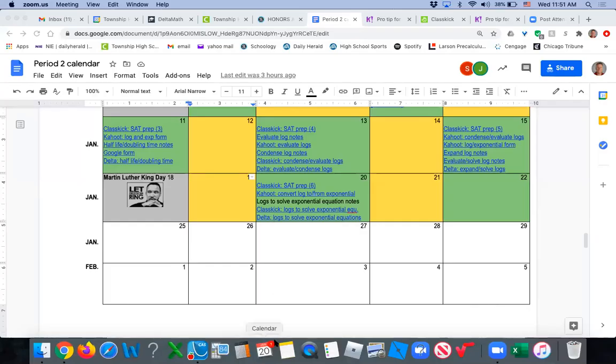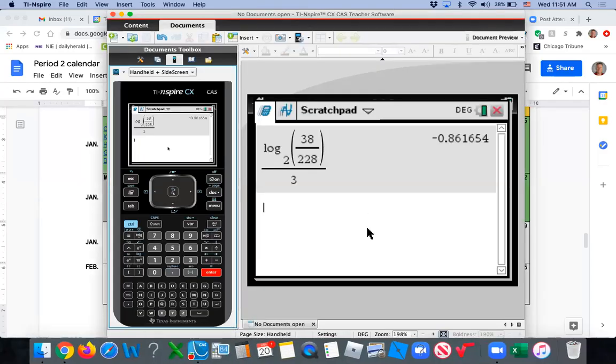So on the handheld, I'm going to do 4 log of 0.5 to the 22 over 500. I'll hit control enter.